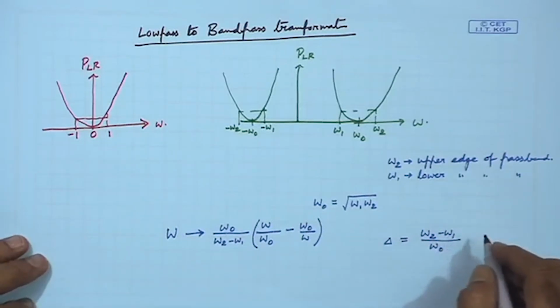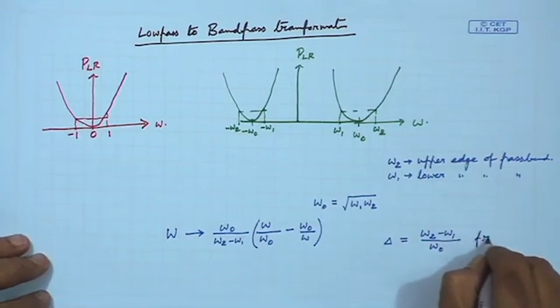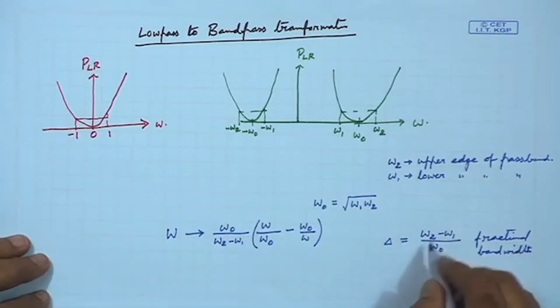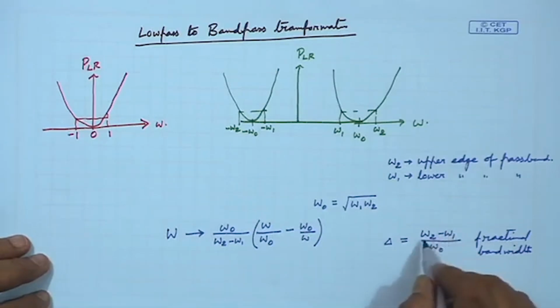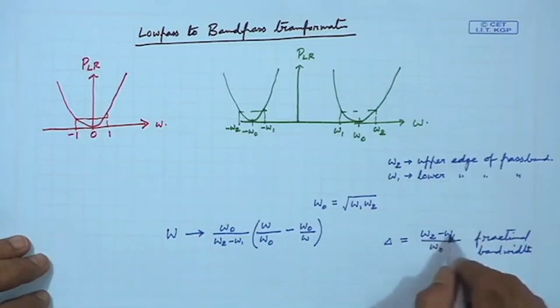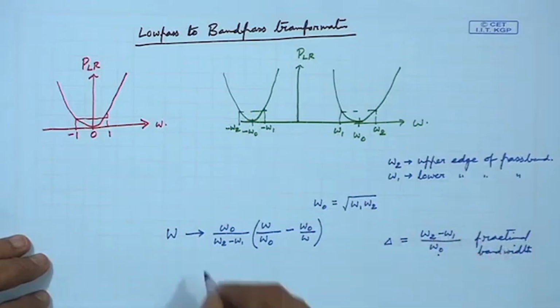Delta is nothing but the fractional bandwidth, because bandwidth is f2 minus f1, everything is multiplied by 2 pi here since this is angular frequency, but when we take the ratio it is the same as the fractional bandwidth, f2 minus f1 by f naught. So, this delta is this.